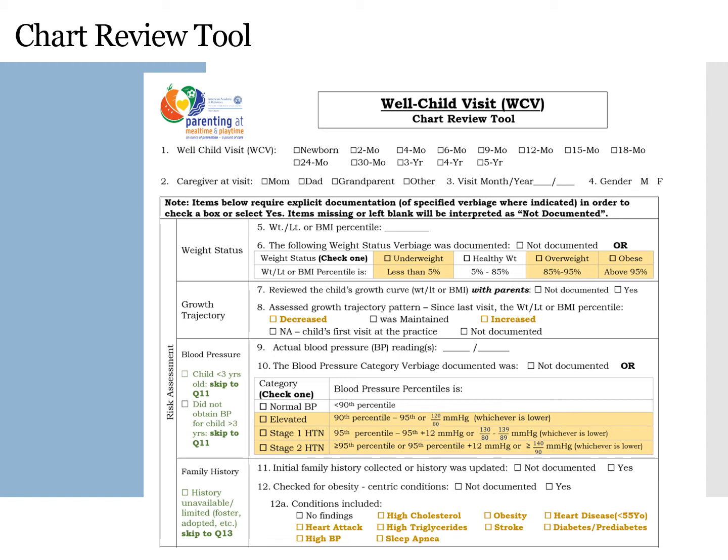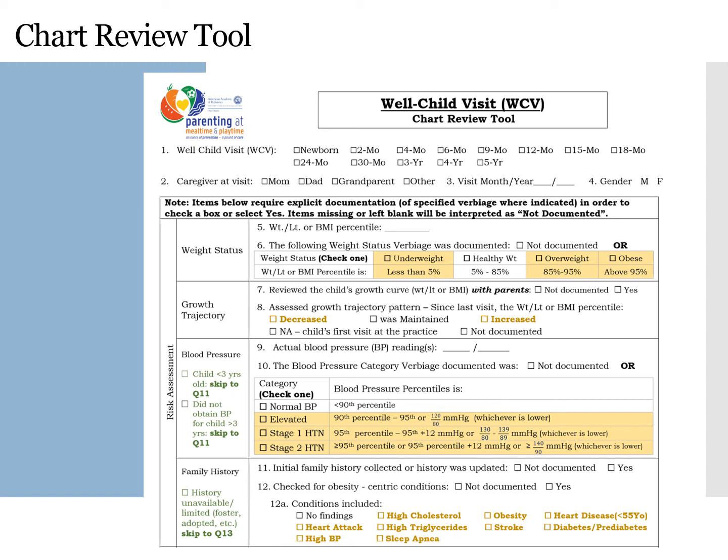So you'll be looking at a series of visits on the growth curve, and since the last visit, has the child's weight for length or BMI percentile decreased, was maintained, or did it increase? And this is looking at a trend, not if they went up 1 or 2 percentages, but did they shift up a curve from 50% to 75%, and having some sort of comment about that.